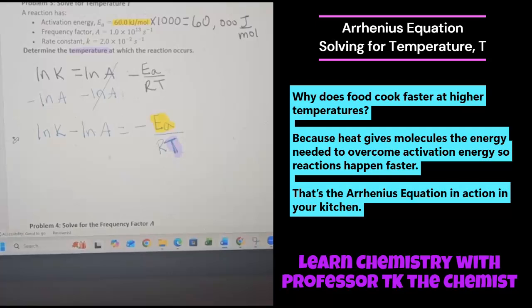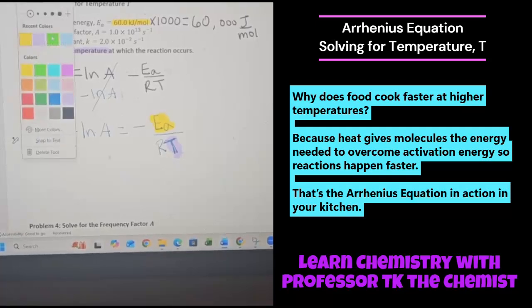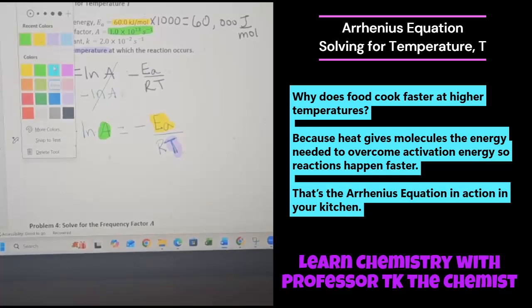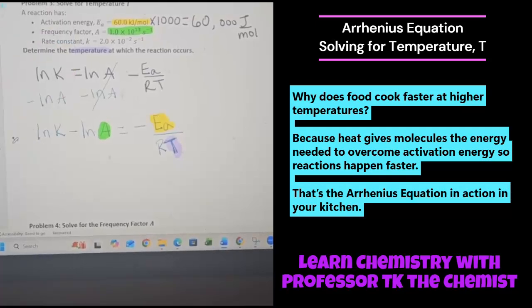Now, the next thing they've given you in your problem is your frequency factor, right here, that's this one. And then they also gave you your rate constant, which is right here. So I'm showing you where to put these numbers.